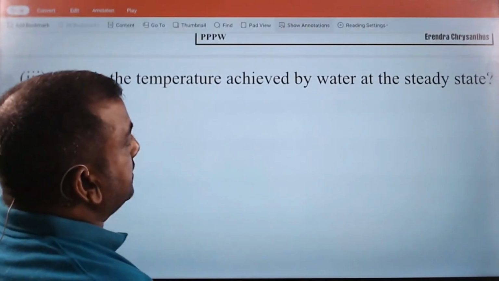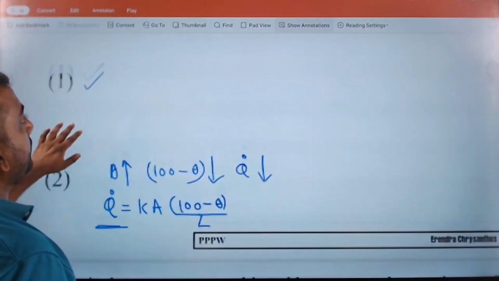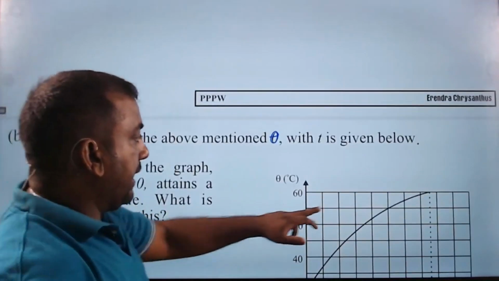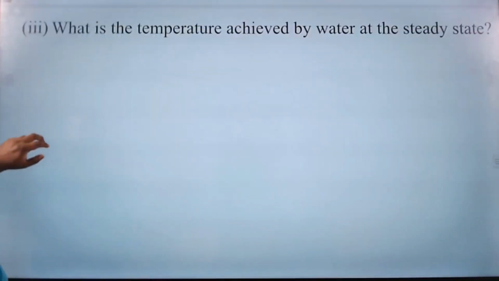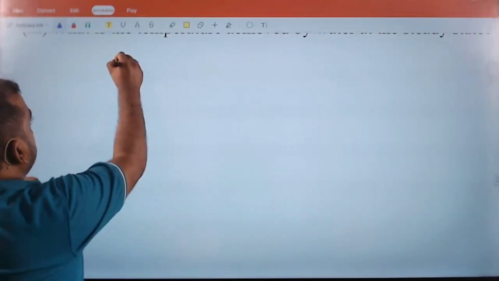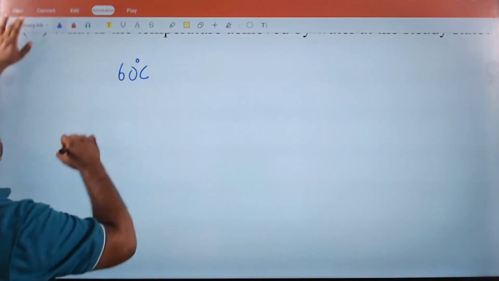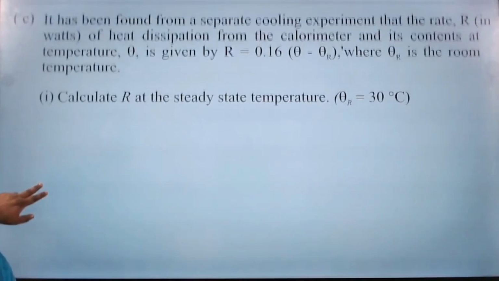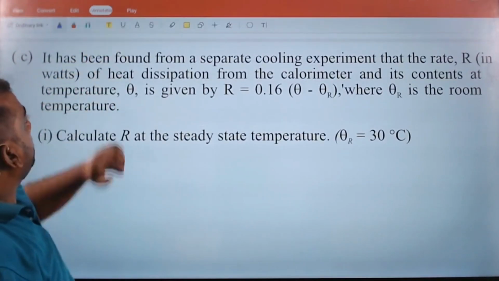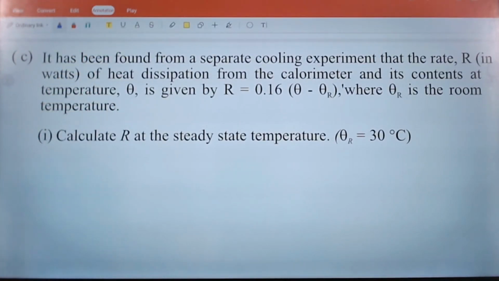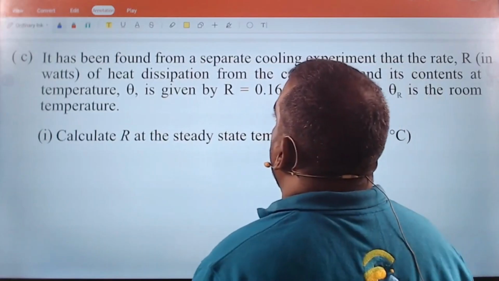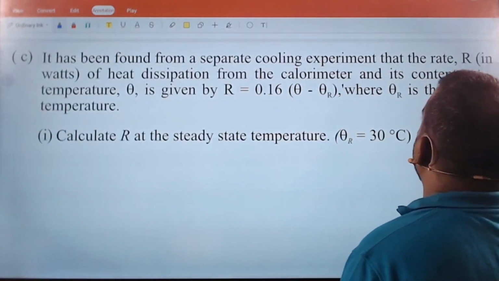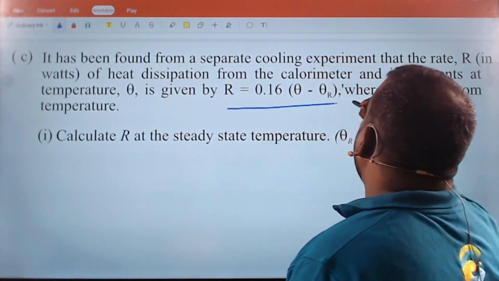What is the temperature achieved by water at steady state? So the steady state temperature there is 60 degrees Celsius. So here the answer is 60 degrees Celsius. Right. It has been found out from a separate cooling experiment that the rate of heat dissipation from the calorimeter and its contents is given by the relationship here.